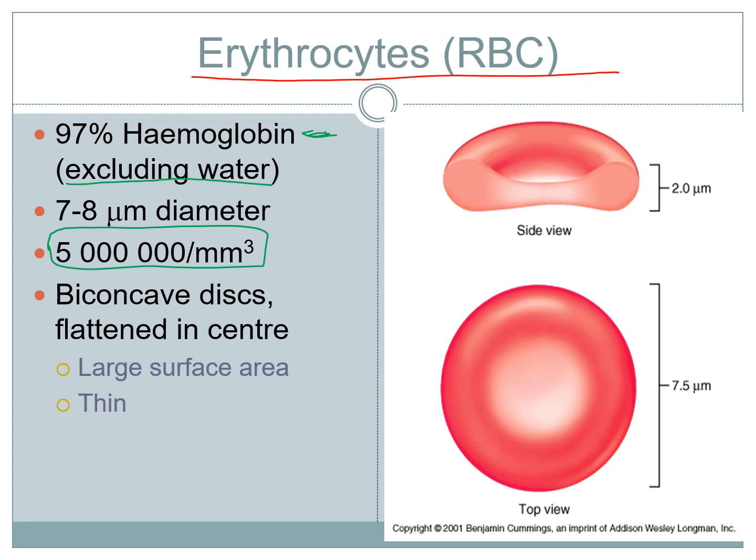Now they have a biconcave disc shape, and the reason that's important is that a biconcave disc, which means a concave section on both sides of the erythrocyte, has what's known as a large surface area to volume ratio, which means it has the ability to hold more hemoglobin than if it was flat.